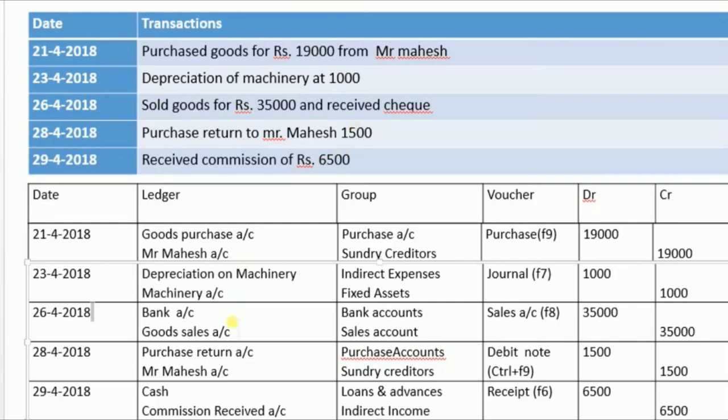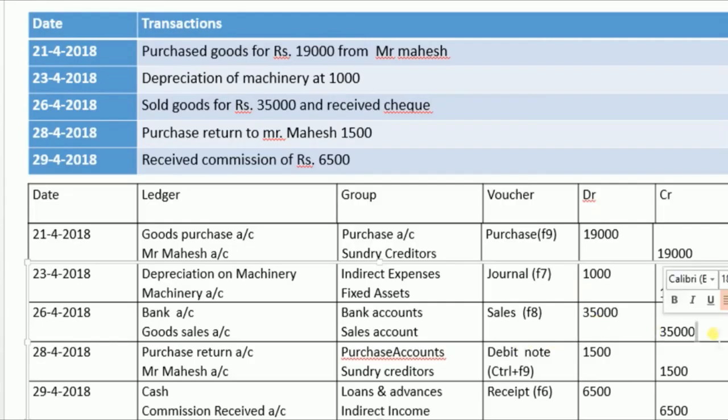So then it is one type of cash sales. So bank account and goods sales account. Bank account under bank account, goods sales account under sales account. Voucher is sales, and shortcut key is F8.